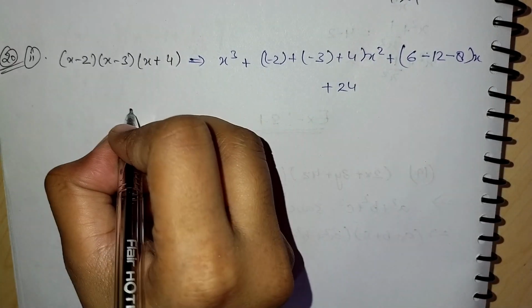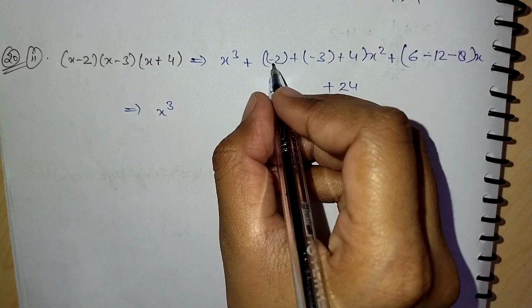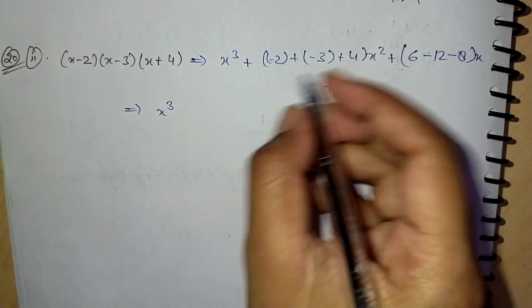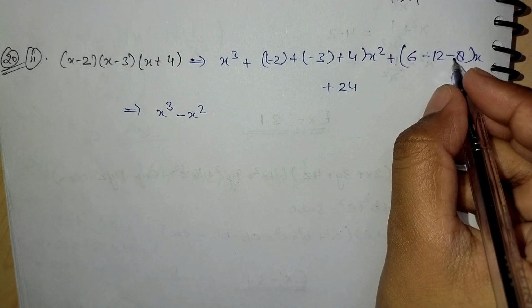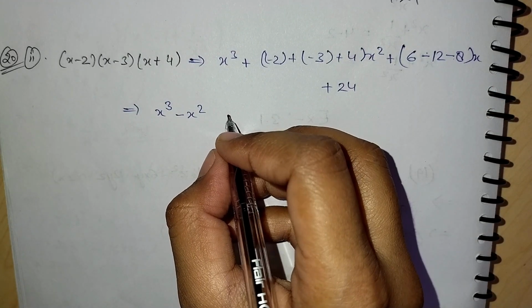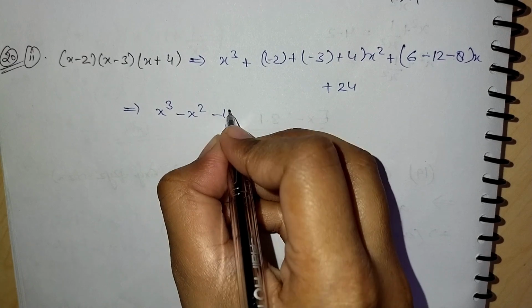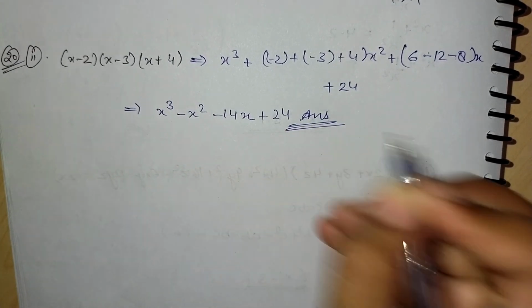On solving this, we will get x cube plus (minus 5 plus 4 equal to minus 1) x square, minus 14x plus 24 is the answer here in this question.